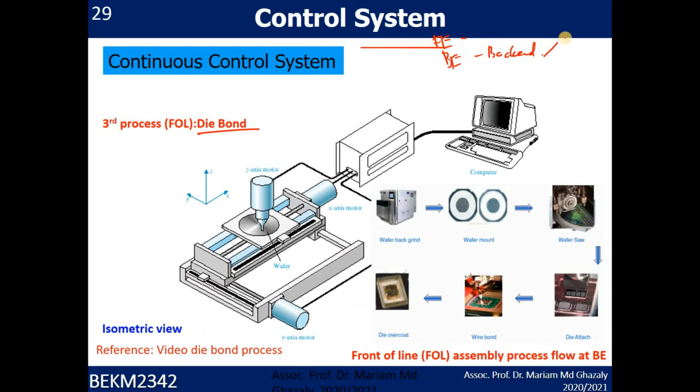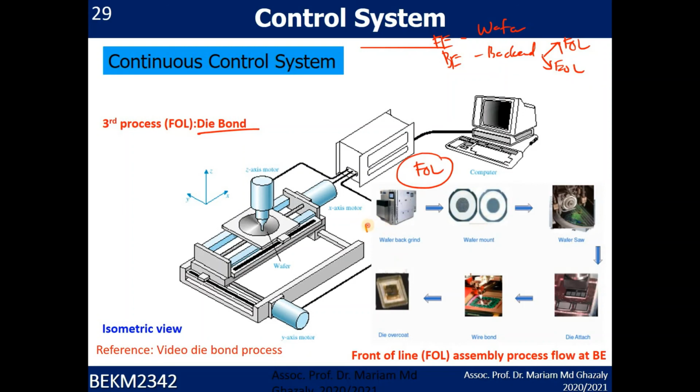Under back end, we have front of line and end of line. The output of the front end is the wafer, and in the back end process, we have the front of line.